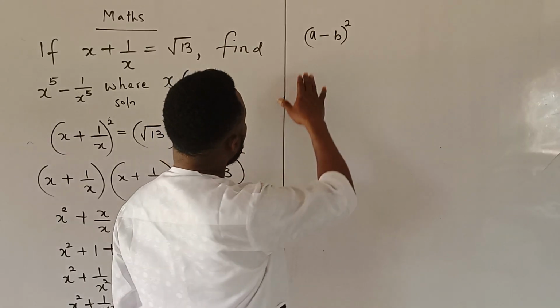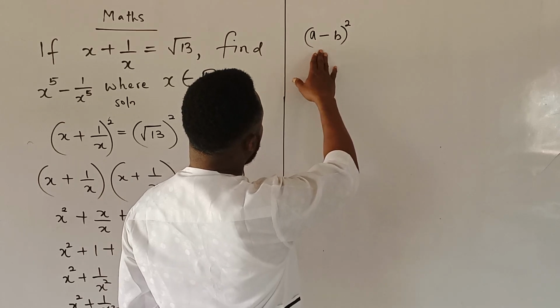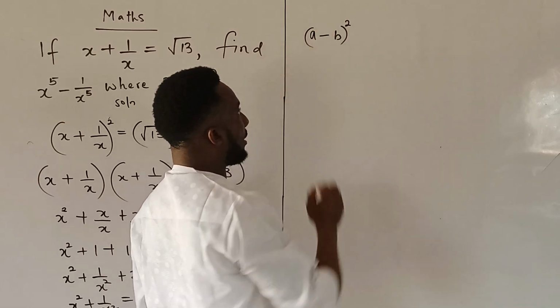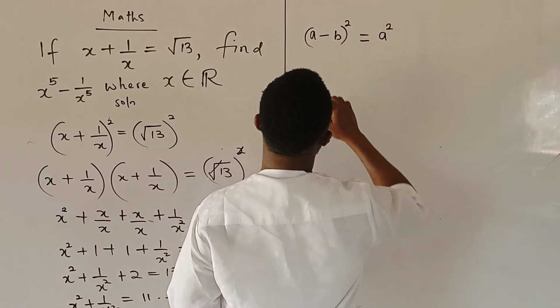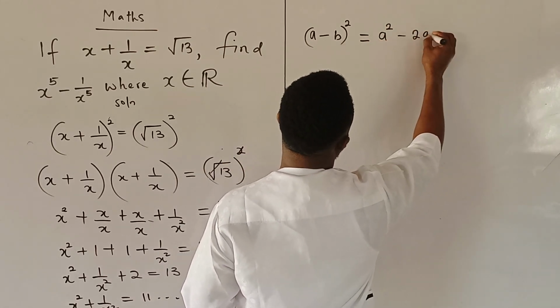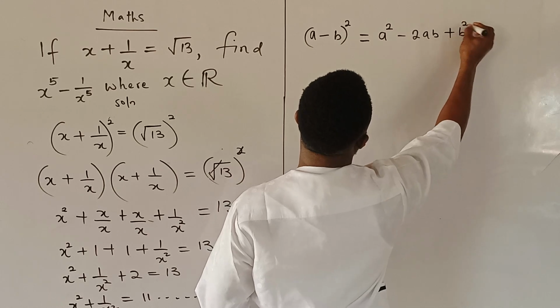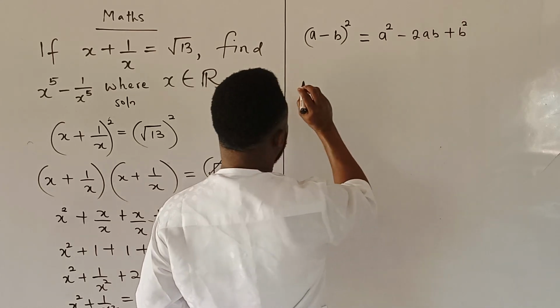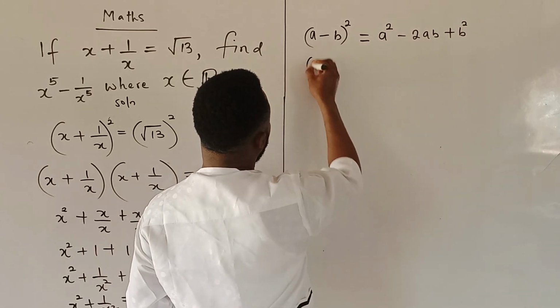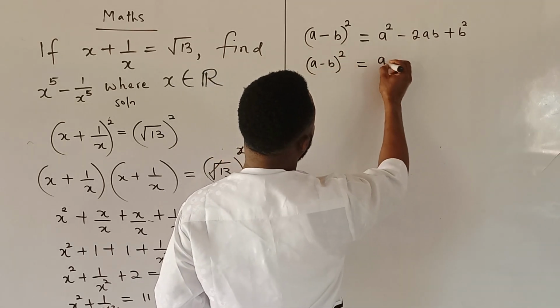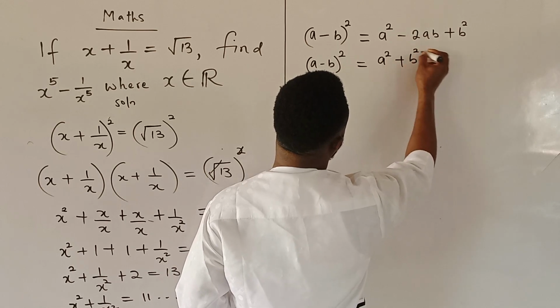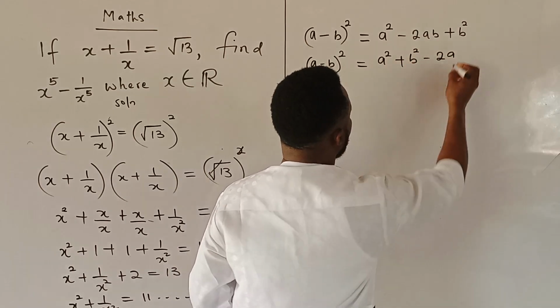Now, if we have bracket open a minus b bracket closed all squared, we can write this to become a squared minus 2ab plus b squared. So I can rewrite this: a minus b all squared, this square of difference, will be a squared plus b squared minus 2ab.